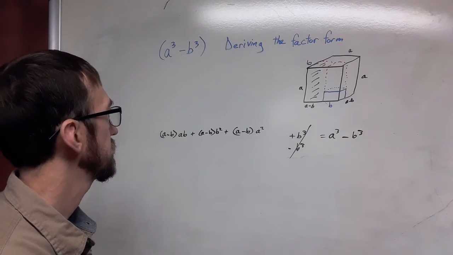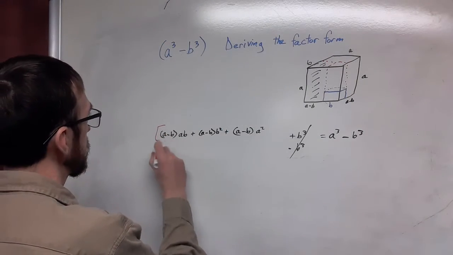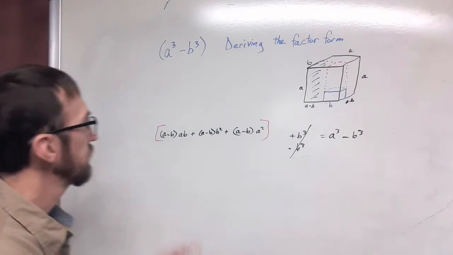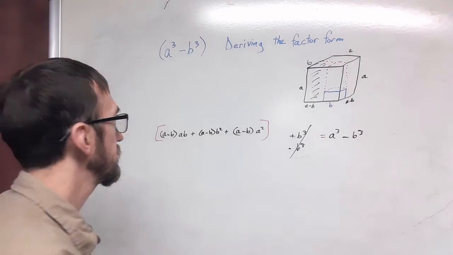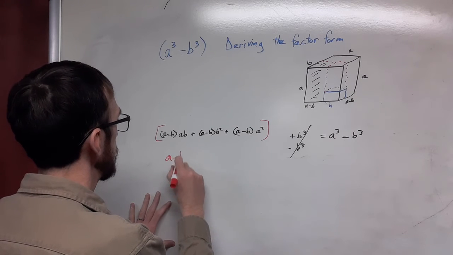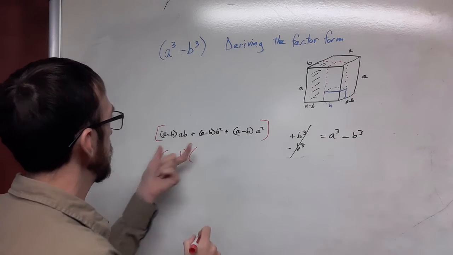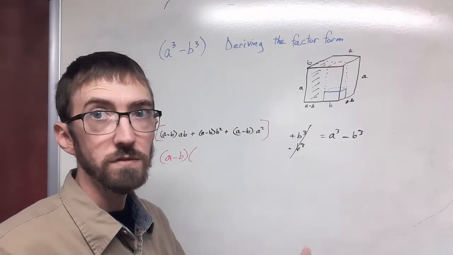All right, looking at the terms that we have here, I'm going to associate all of these together, and I'm going to factor out this common term of A minus B. And so I'm going to have A minus B times, and then I'm going to put this in a kind of standard look.